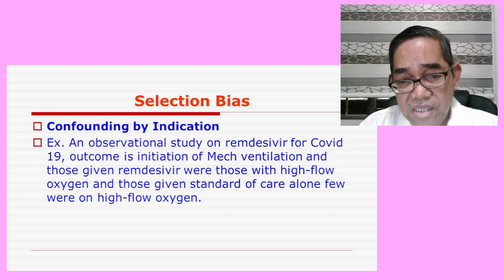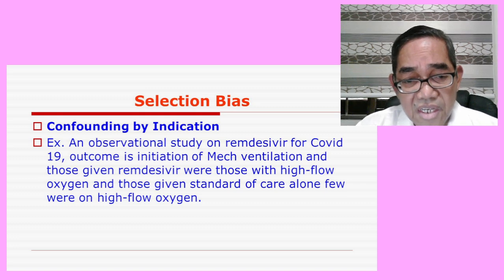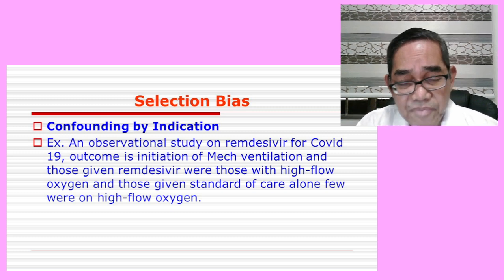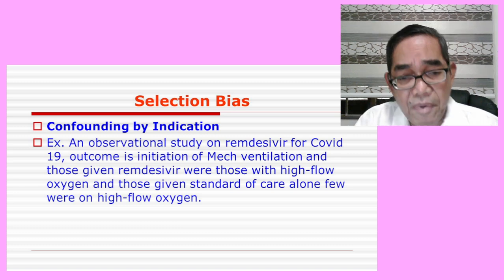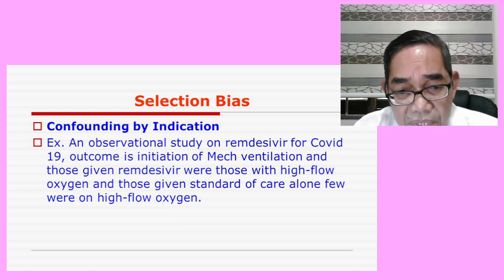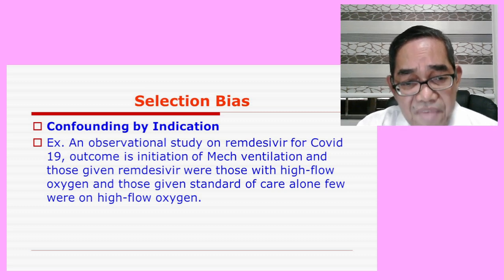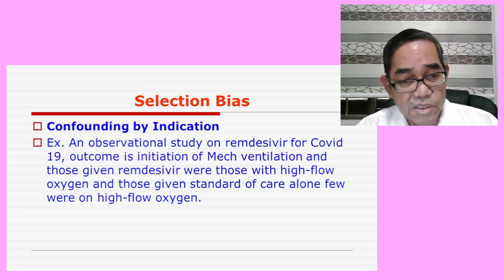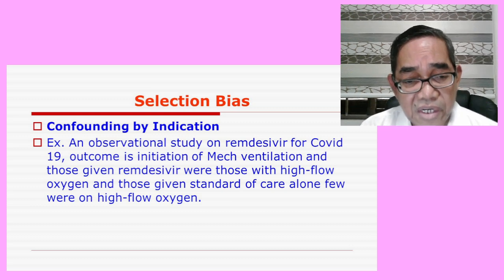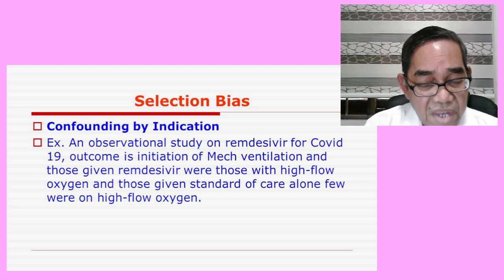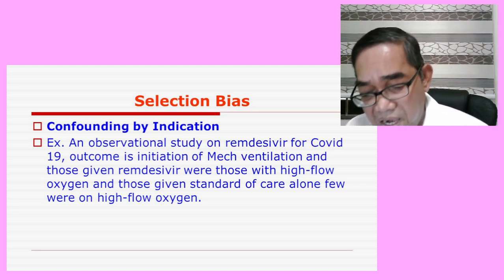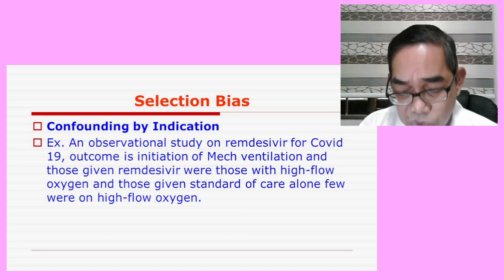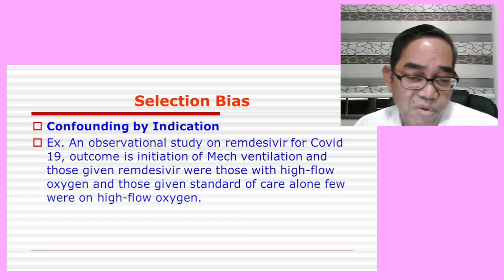And so there will be differences in the baseline characteristics of the two groups, and it will appear that remdesivir is not effective, because more people in that group will have to be initiated on mechanical ventilation, since their prognosis to begin with is worse than those given standard of care. And so the bias will be towards the null hypothesis. So remdesivir will appear not to be effective compared to standard of care alone.